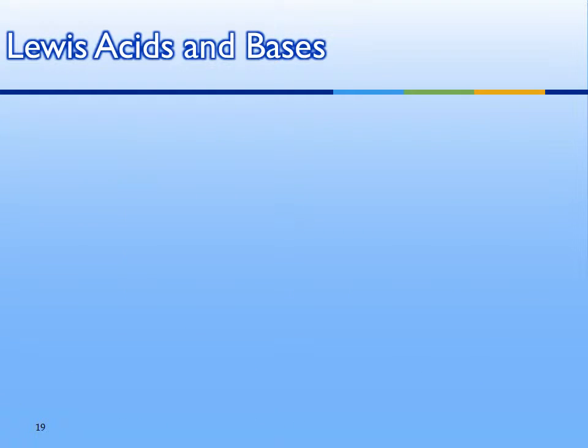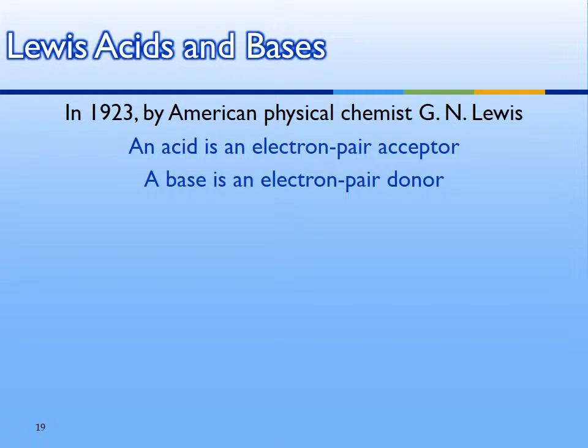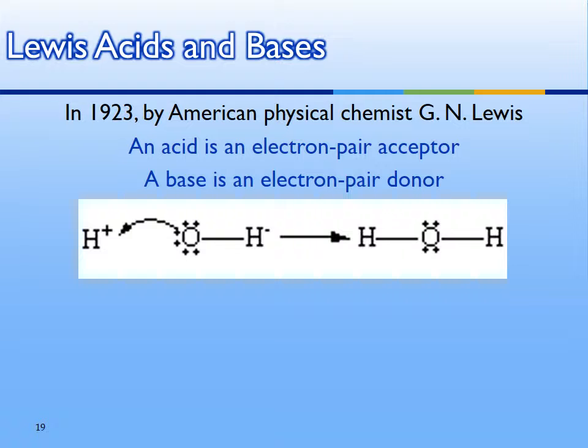Let's now look at the third acid-base theory, the Lewis acid-base theory, which was proposed at the same time as the Bronsted-Lowry theory, in 1923 by G.N. Lewis, an American physical chemist, professor at Berkeley. He said that an acid is an electron pair acceptor, whereas a base is an electron pair donor.